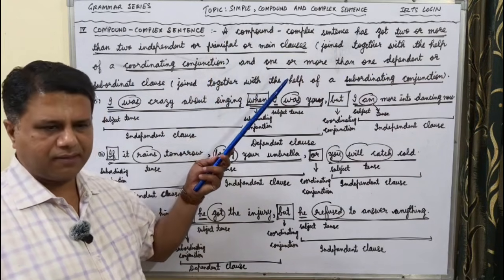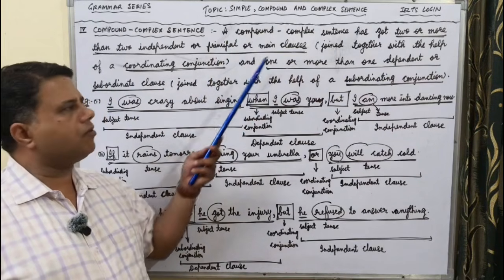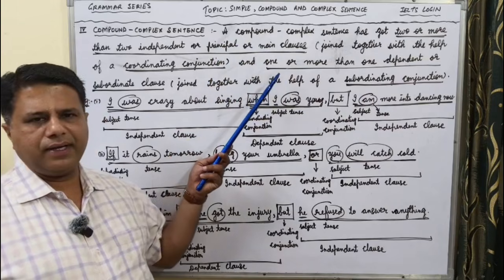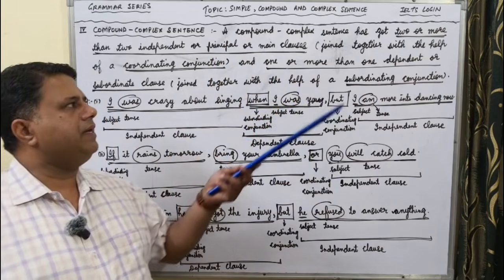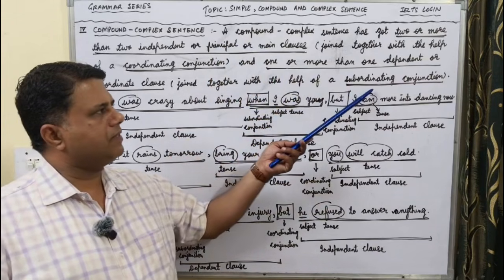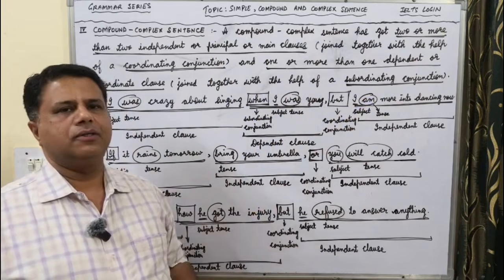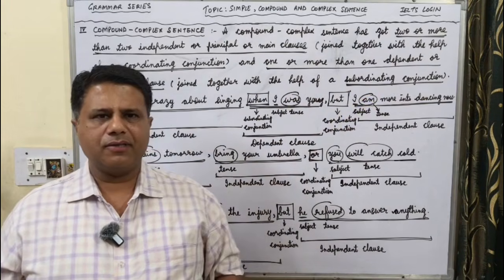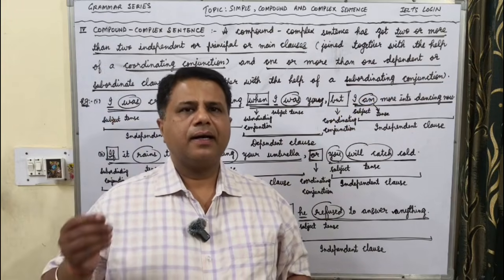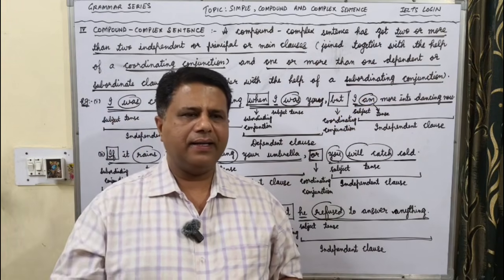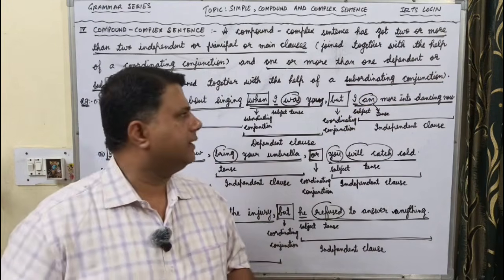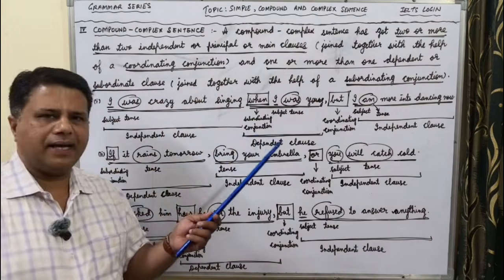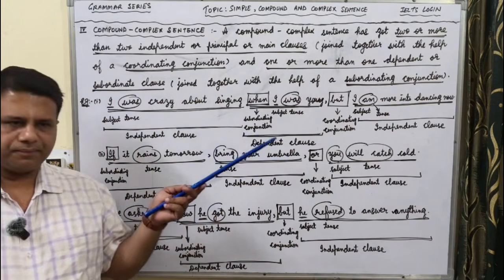So compound plus complex is equal to compound complex sentence. Obviously when we have a dependent clause, we need a subordinating conjunction also. So a compound complex sentence has two independent clauses and one dependent clause, one coordinating conjunction and one subordinating conjunction. Now let's have a look at the examples.